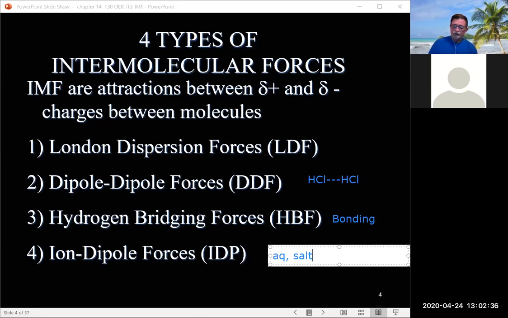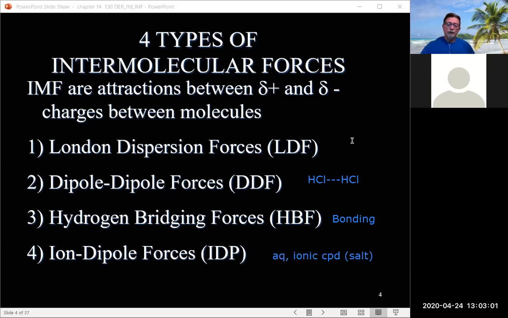So basically it's the water that has a dipole interacting with the salt, either the full positive or full negative. Salt meaning, better yet, maybe I should use the term ionic compound. Or salt. Okay.